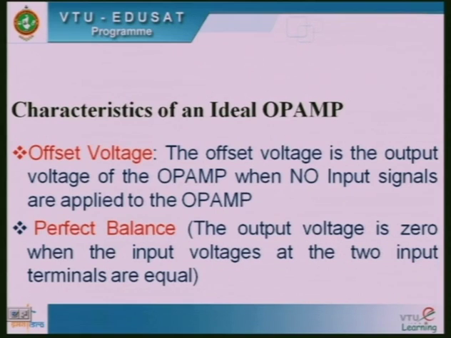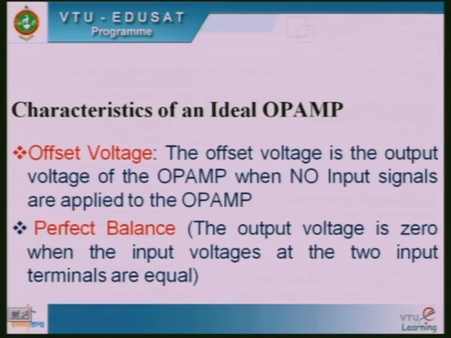Usually for an ideal op-amp, the offset voltage is 0. For a practical op-amp, it is a few millivolts, right.